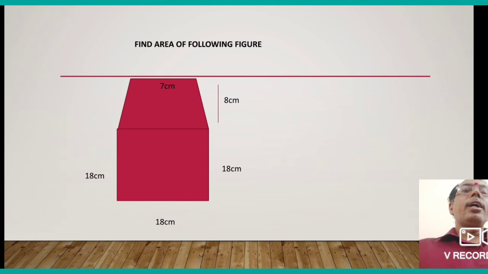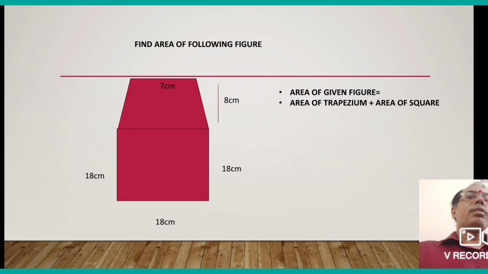Children, see this properly. And the height, that means the distance between the parallel sides, is given as 8 centimeters. Okay, see carefully and draw these diagrams neatly. Now area of the given figure is area of the trapezium plus area of the square. Just keep the textbook in front of you and draw these diagrams as in the textbook.